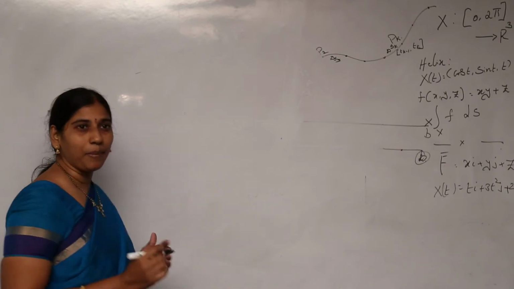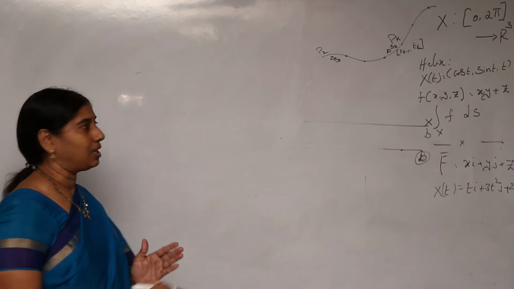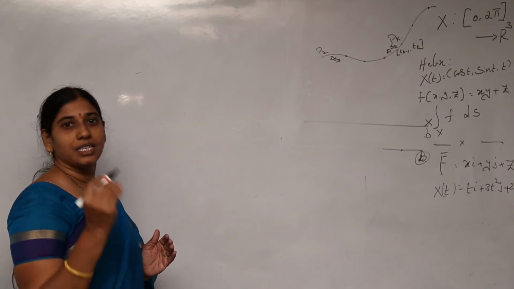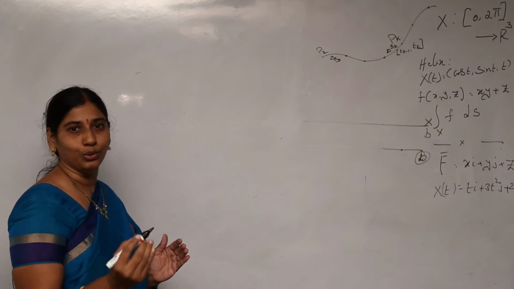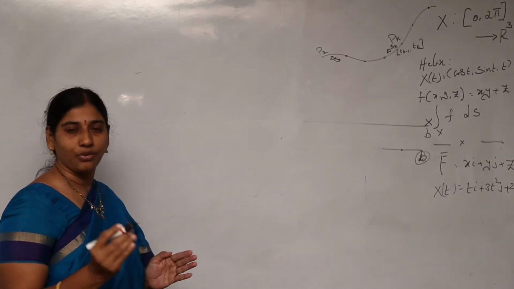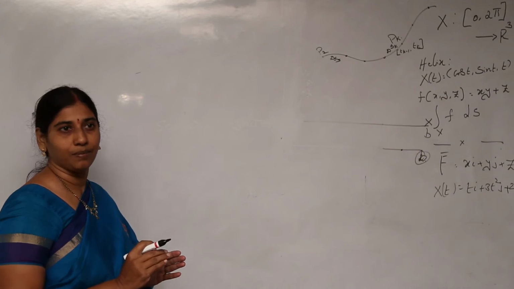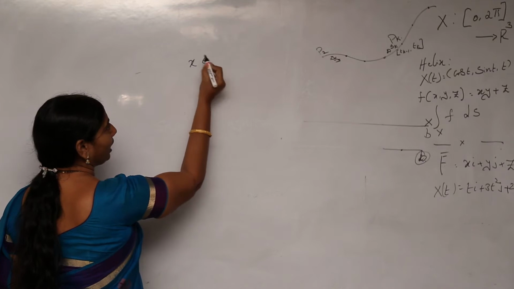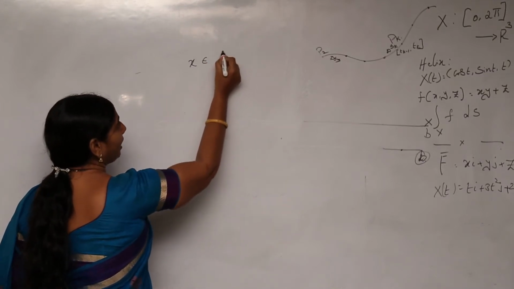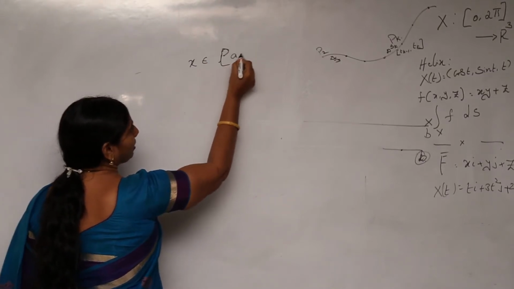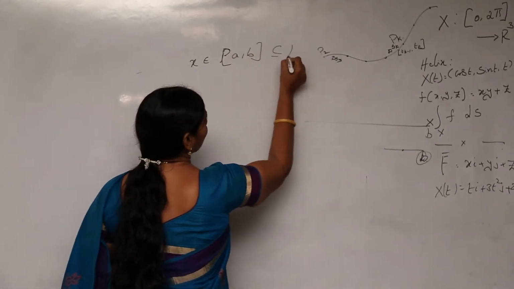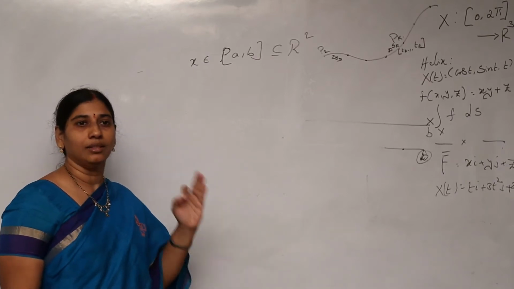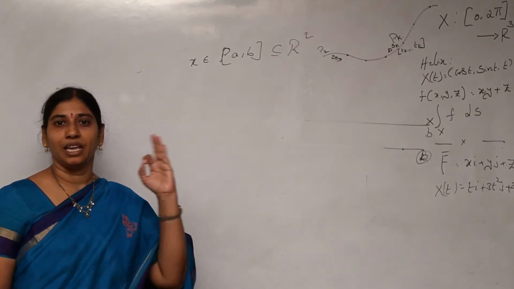If in a particular region of the space, to each point we assign a scalar value or a real value, then we call that particular function a scalar function. So if we assign to each point of our region, say the closed interval AB, which is a subset of R2, a real value, then we call that function a scalar function.